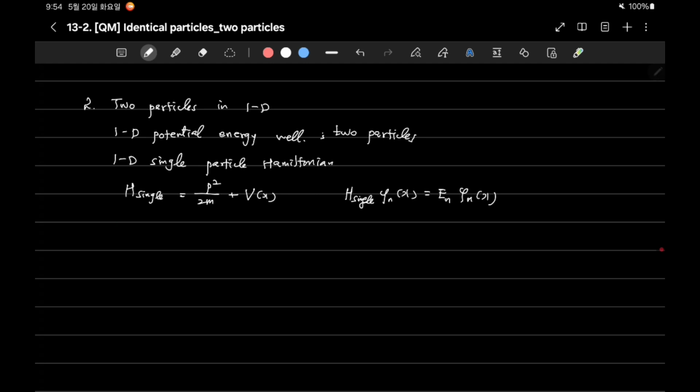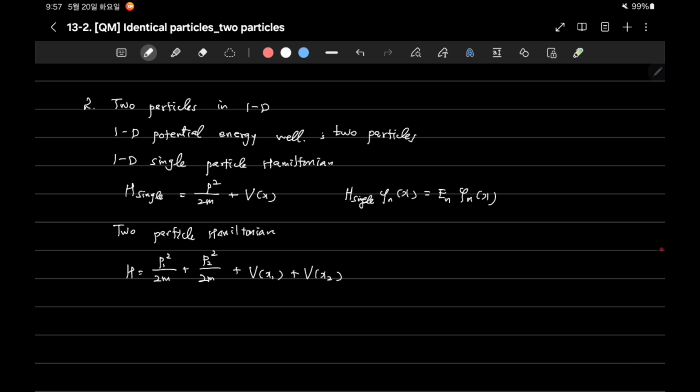Then here we consider a two-particle system. The two-particle Hamiltonian is the first particle's kinetic energy P1 squared plus the second particle's kinetic energy P2 squared plus the potential energy V(x1) plus V(x2).